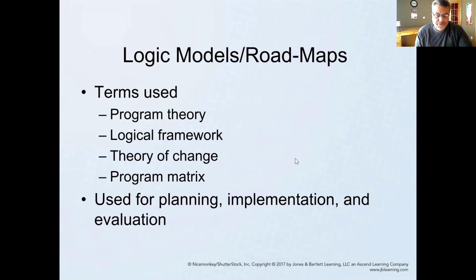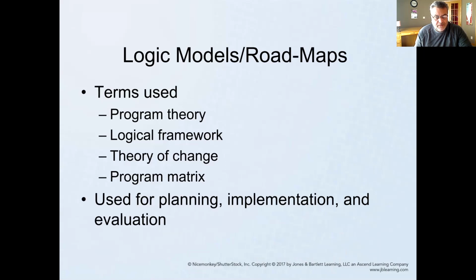Don't get confused when you start reading about logic models. I know there are a lot of terms there, lots of terminologies, but these basically all point at one thing. Those are roadmaps or concept maps that help us plan, implement, and evaluate. If you read in the book and get confused, try not to.